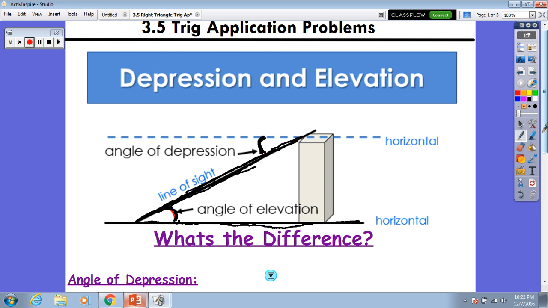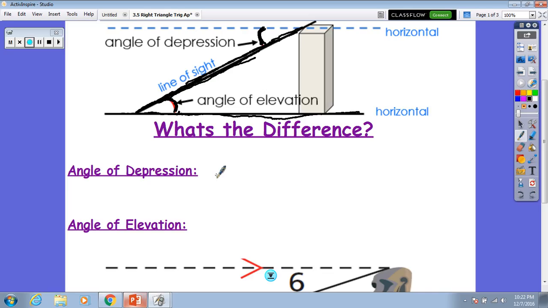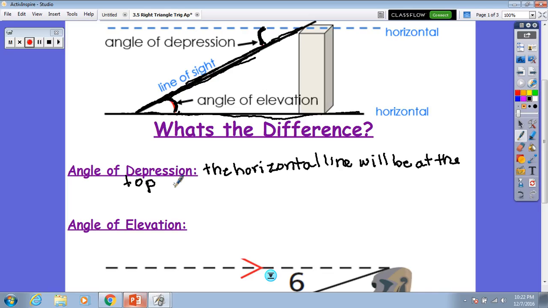So let's look at what the difference is when we look at it to find our angle of depression or angle of elevation. For an angle of depression, the horizontal line will be at the top. And the angle will also be at the top.